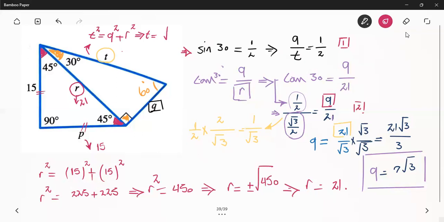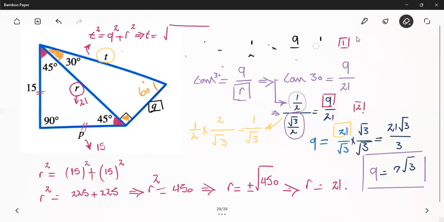square root of, how much is q? Let me write it in a very bare way. Where is my eraser? I'm gonna solve it here. Okay, look at this. What is going to be t?